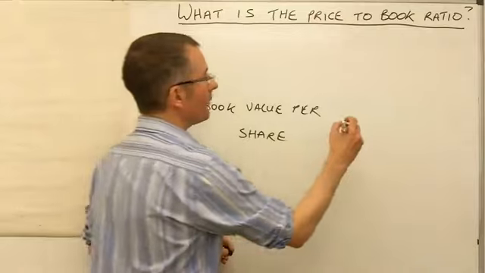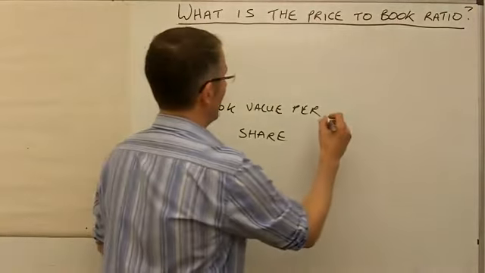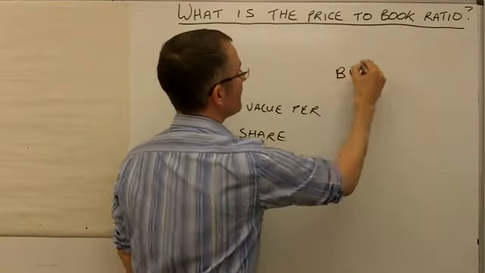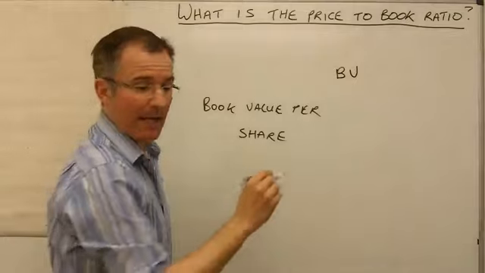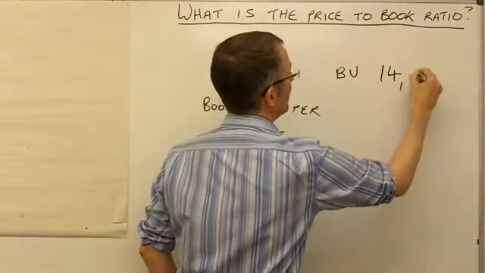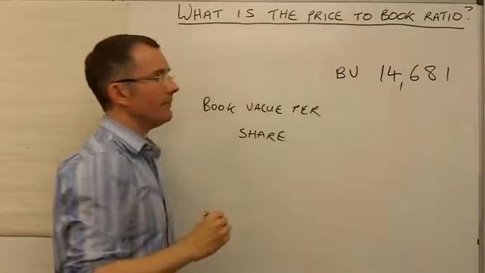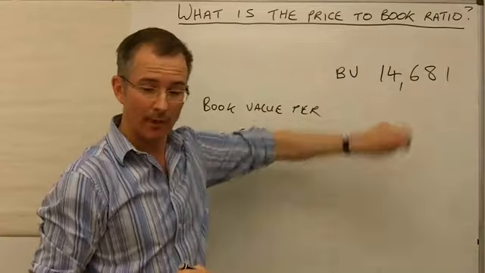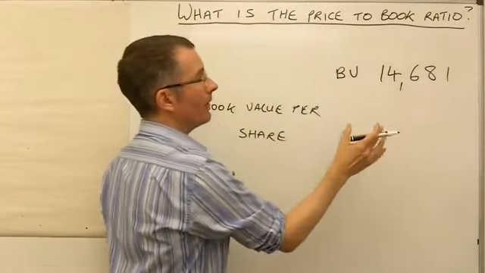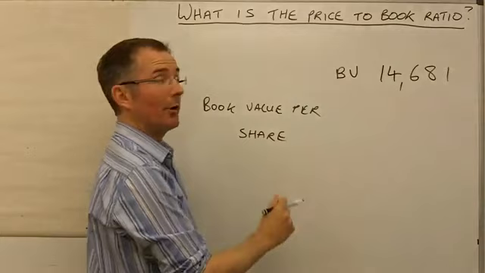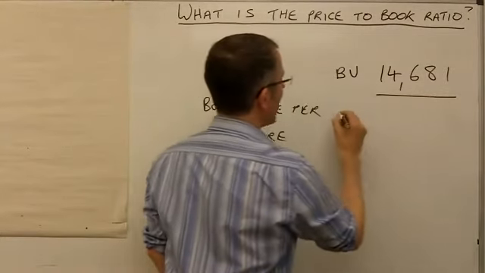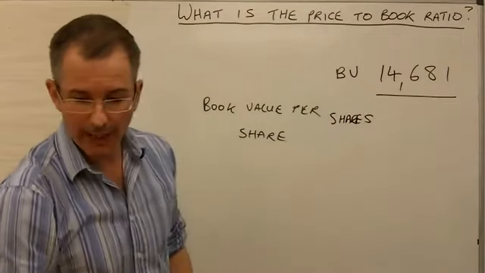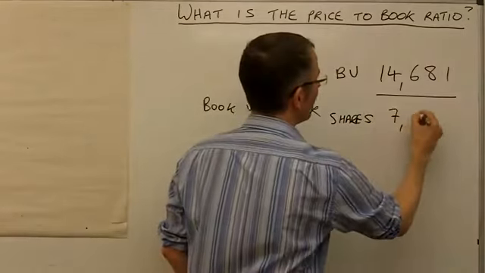So for example, in Tesco's latest accounts in millions, the book value, so I could call that the BV of Tesco's assets, this is in millions, is 14,681. And in terms of number of shares issued, again, all expressed in millions, just to keep it tidy, I've shortened the number a little bit, number of shares issued is, on the latest count, 7985.